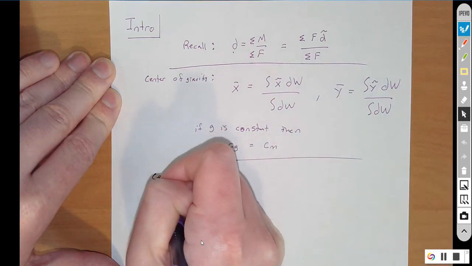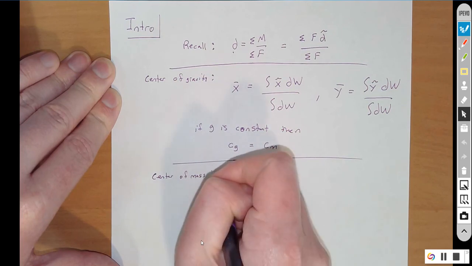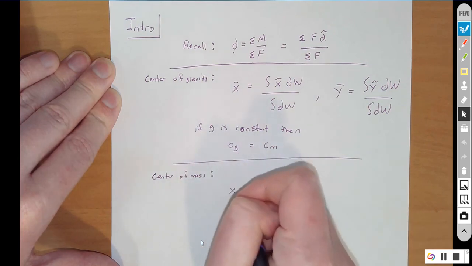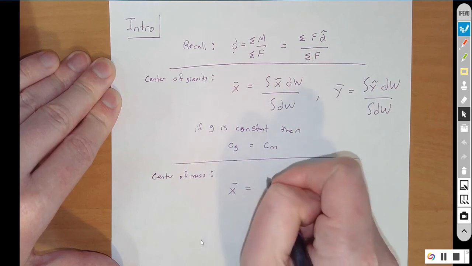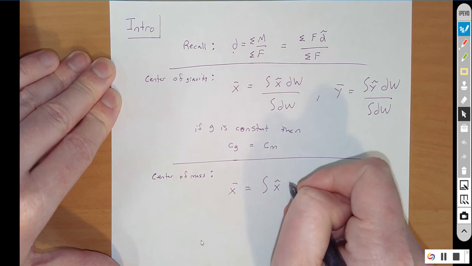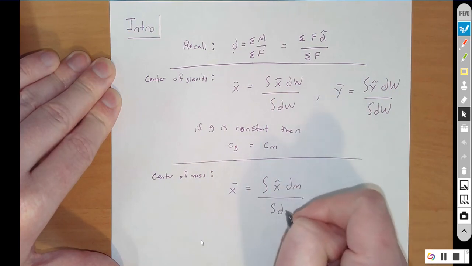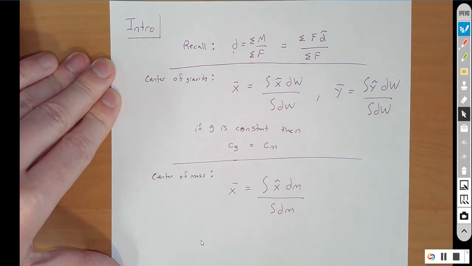So, how do we find the center of mass? We do that. It looks the same. X bar is the integral of the location x tilde for each piece of mass, divided by the integral of d mass. And again, y will look the same.